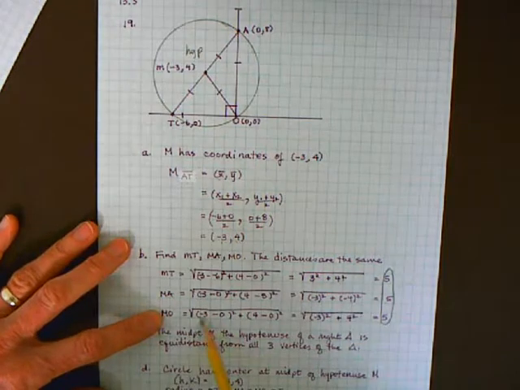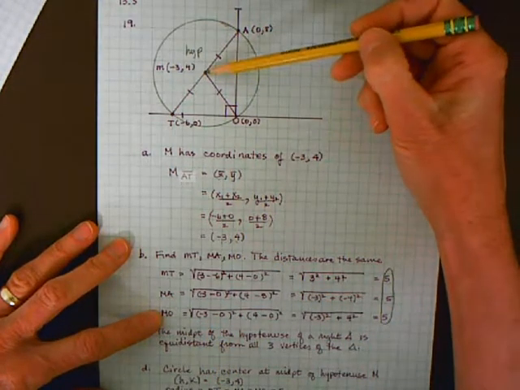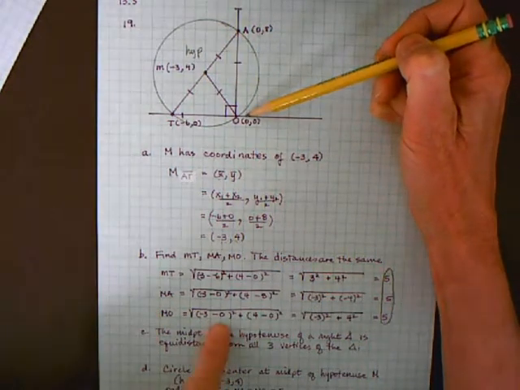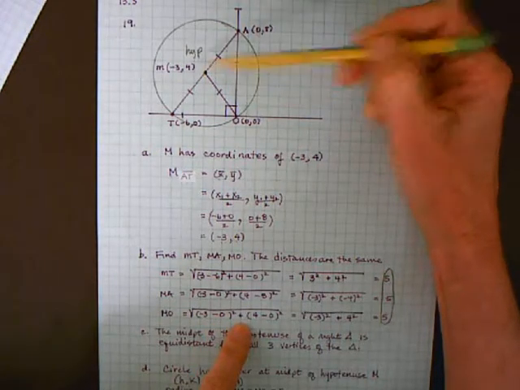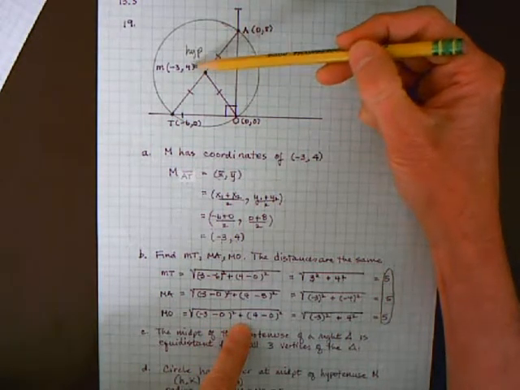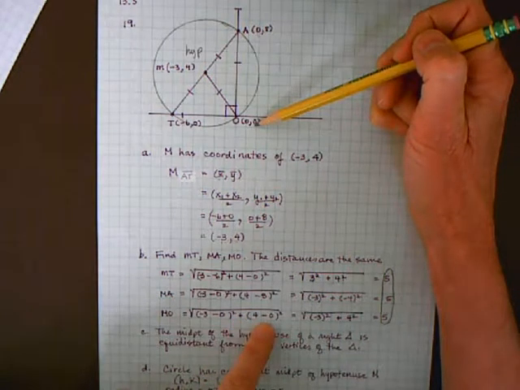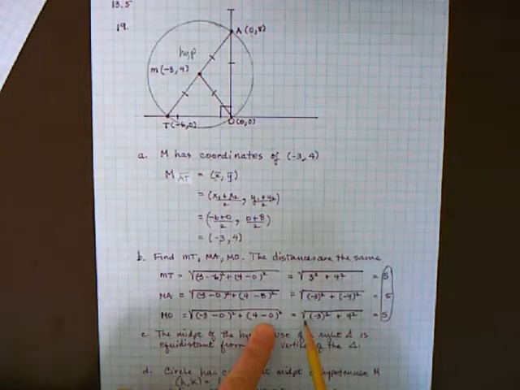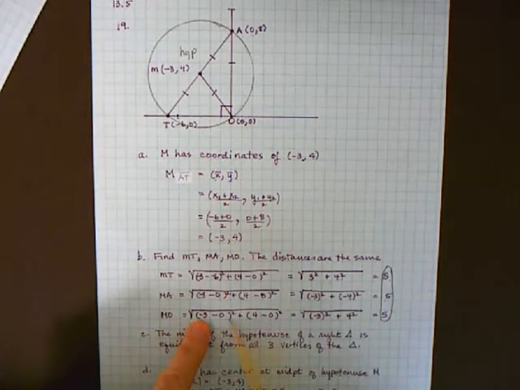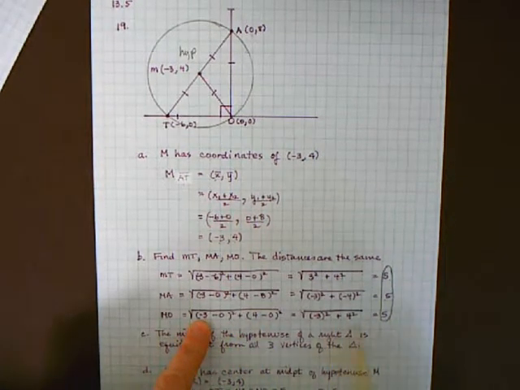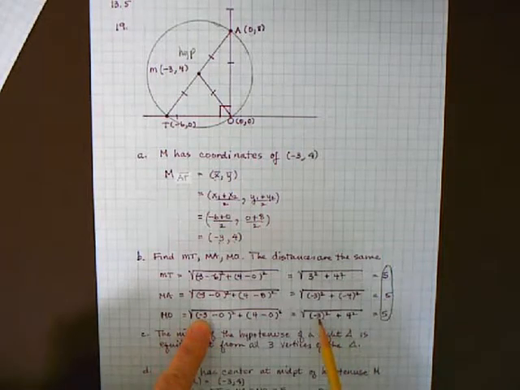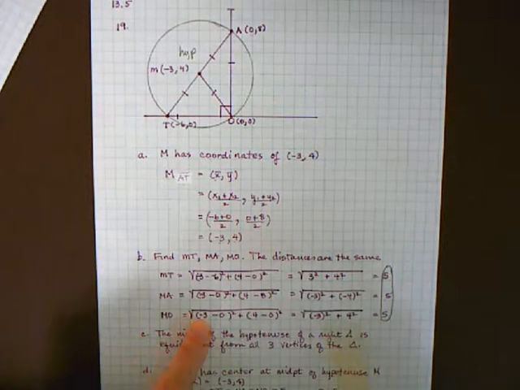MO. Negative 3 minus 0, got to square that. Then to that we have to add 4 minus 0, got to square that. And then here we take the square root of negative 3 quantity squared plus 4 quantity squared. So this is 9 plus 16 is 25. Square root of 25 is 5.